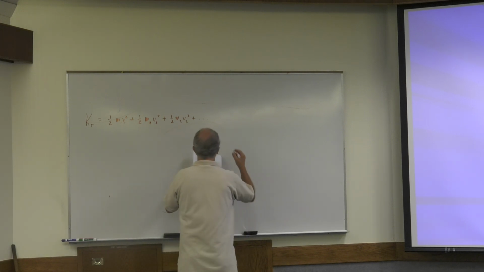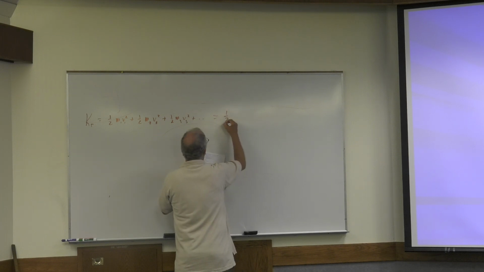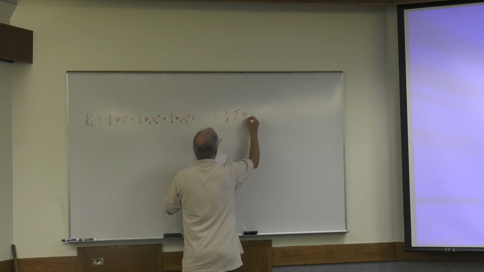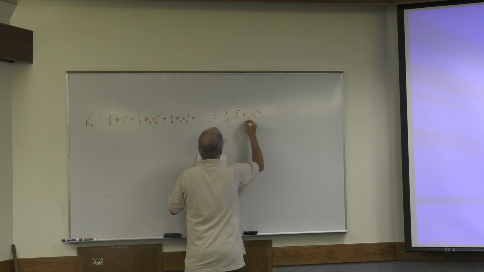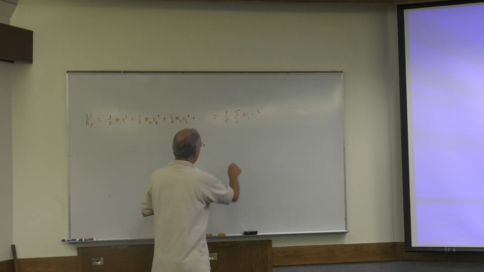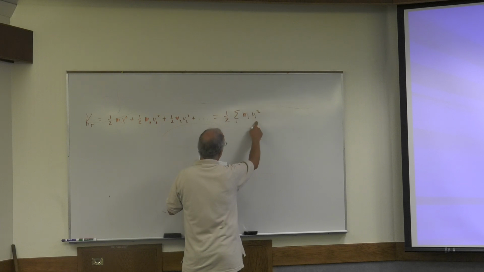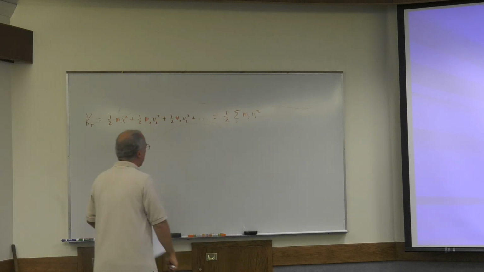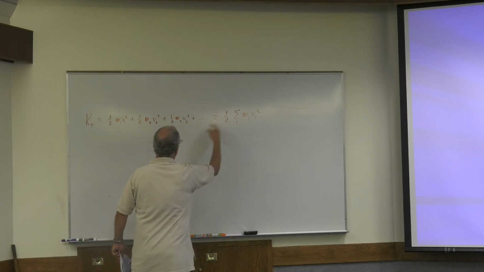So that's the same thing as saying 1/2 the sum of mv squared, summing over i, so you have mi vi squared. That's just a compact way of writing that.